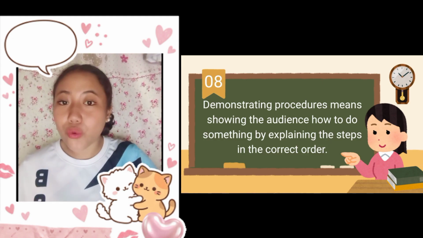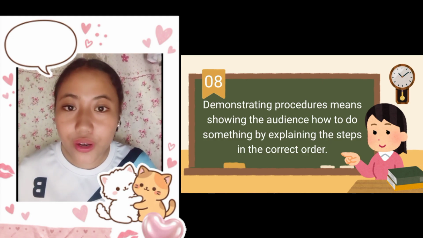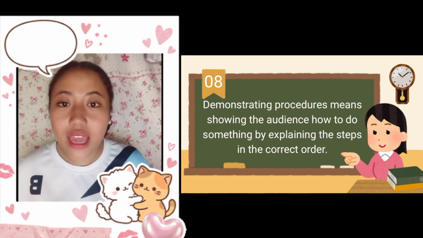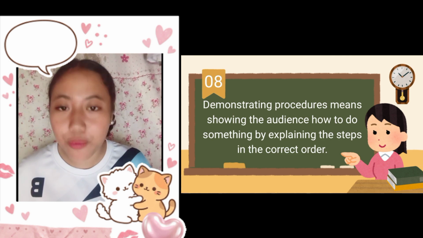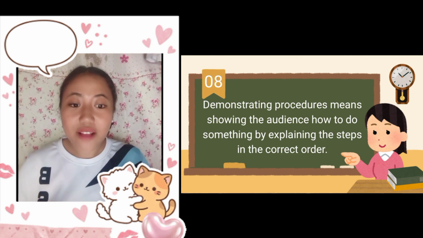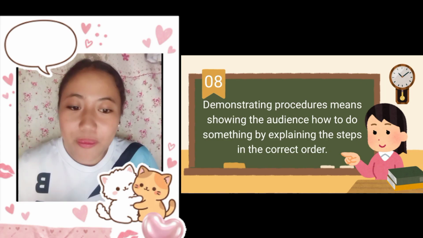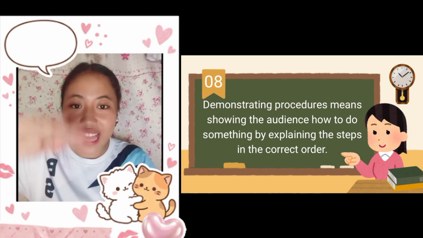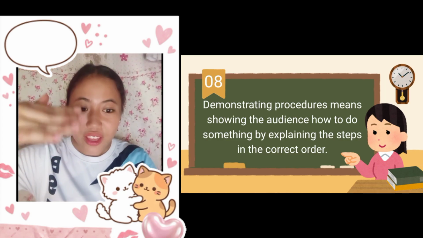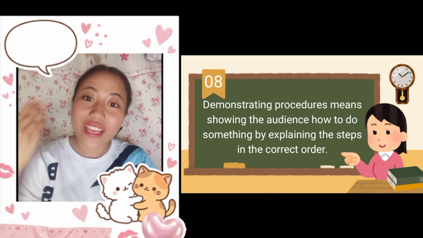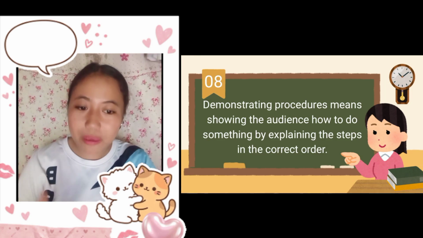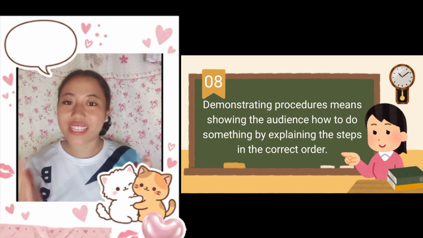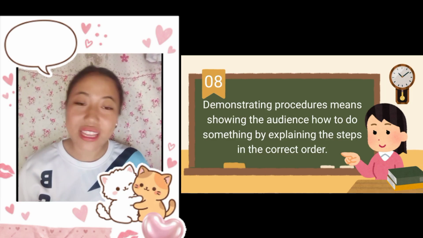If you are going to give information to your listeners, to your students, or to your audience, you must have demonstrating procedures that help them, or you explain them by steps in the correct order, like organizing your information, but you should know how to explain them step by step, because people learn better when they see how something is done.